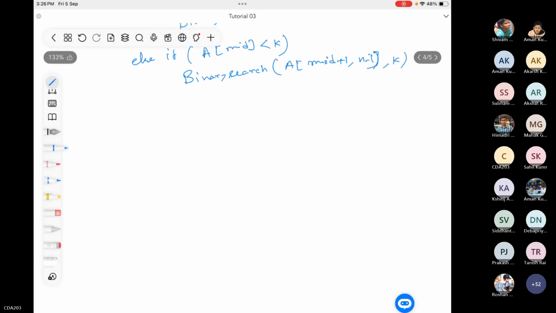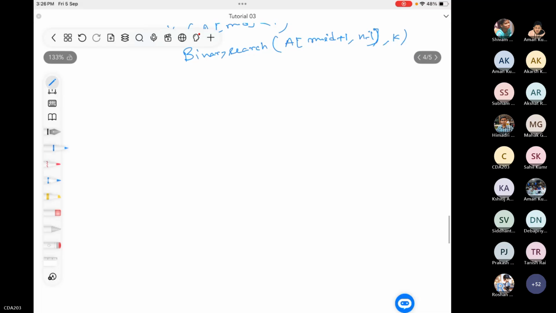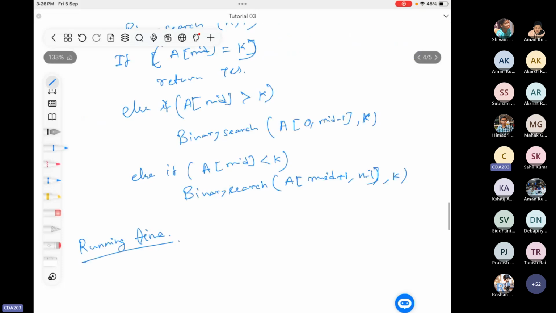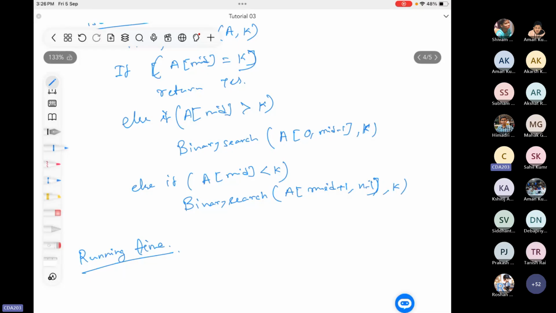So we compute the running time for this problem. What we observe is that at each step we are almost dividing the array by half of it, right?